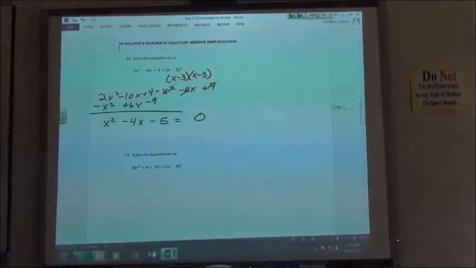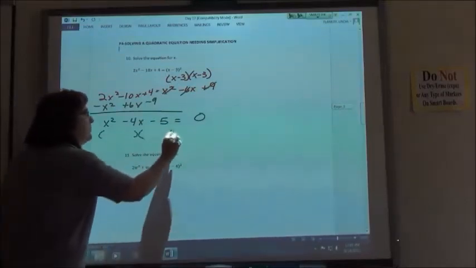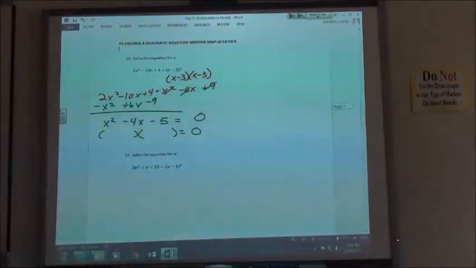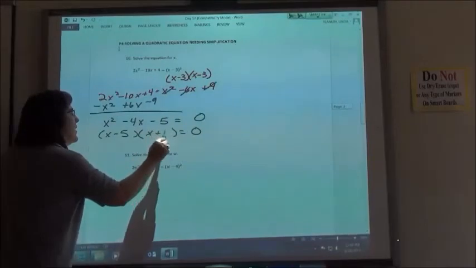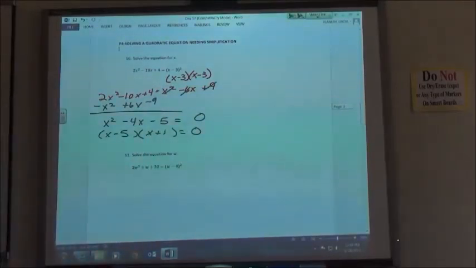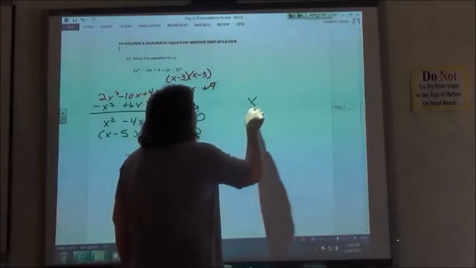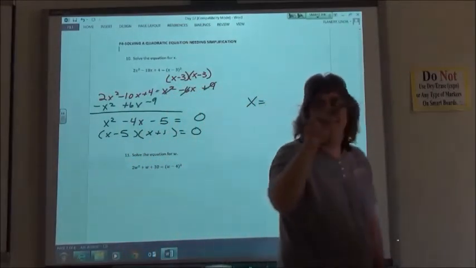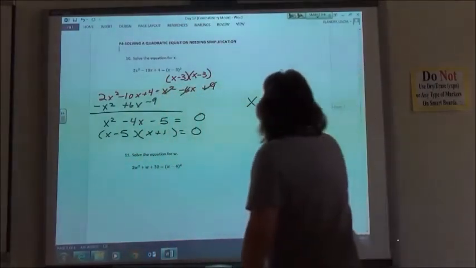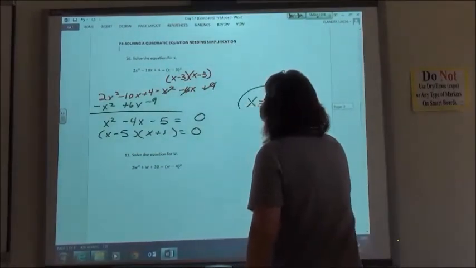And now I have it set equal to 0, and I can solve that by factoring. That factors into what? x minus 5 and x plus 1. So my two solutions would be 5 and negative 1.